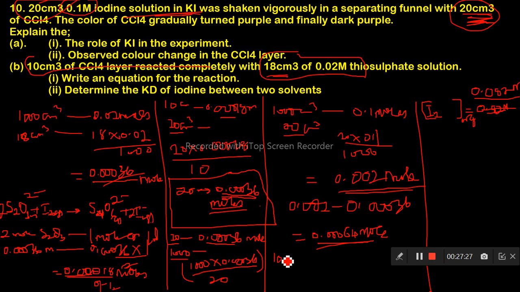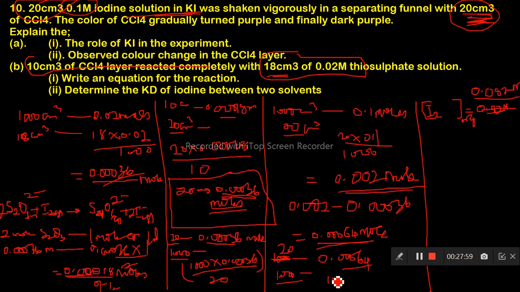If 20, not 1,000, sorry for this. So if 20 contains 0.00064, what of 1,000? It contains 1,000 times this out of this.